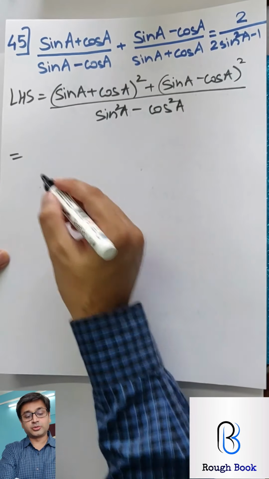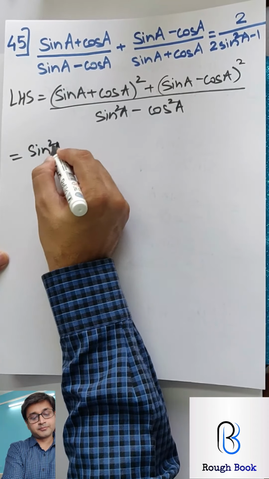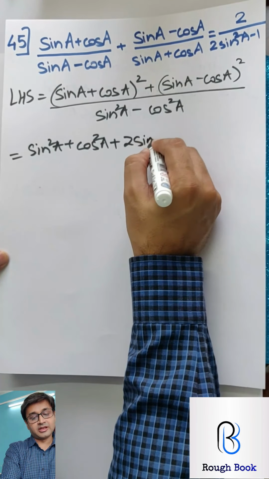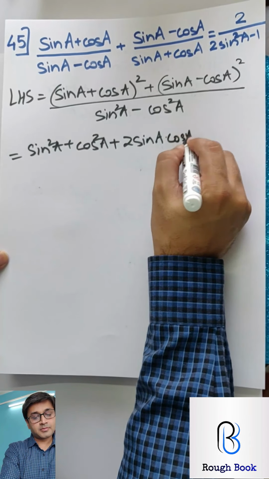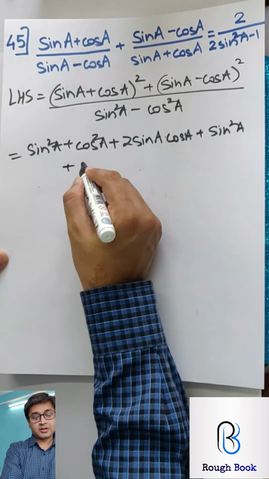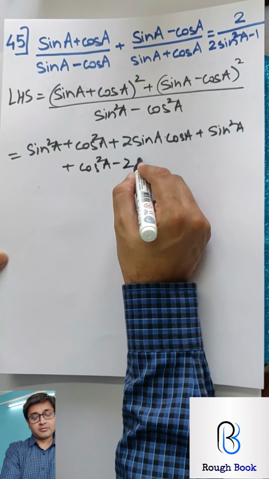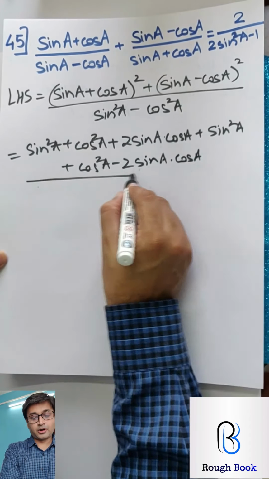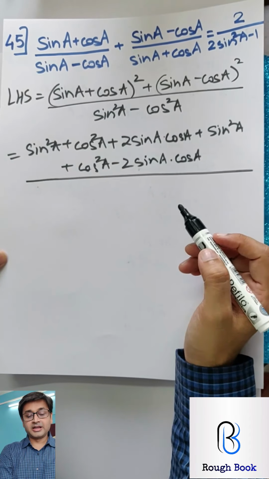Formula A plus B whole square will become A square plus B square plus 2 times AB. Likewise here also A square plus B square minus 2 times AB upon sine square minus cos square.